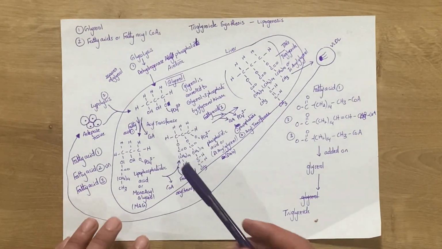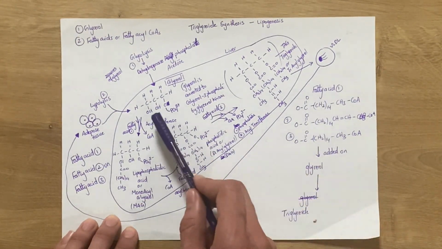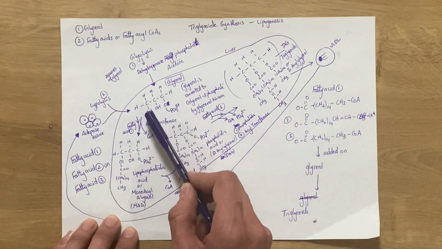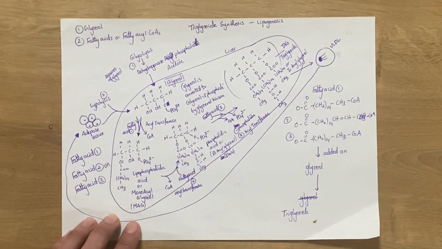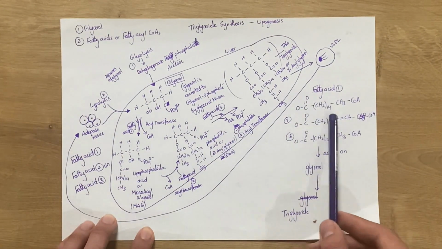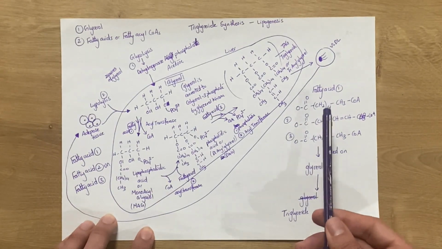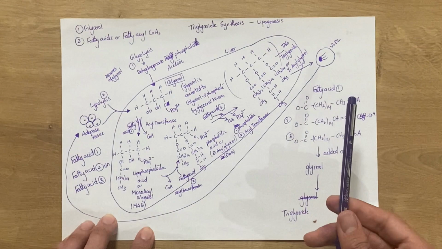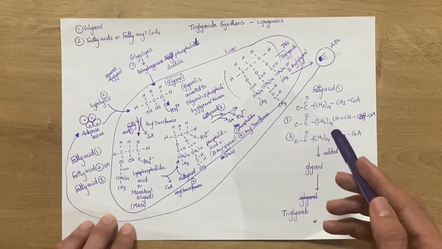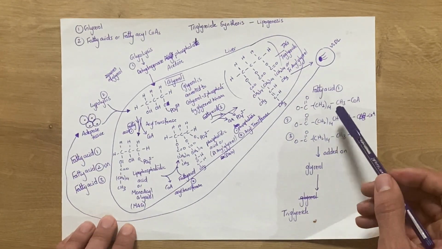The first step is that fatty acid number 1 replaces the OH here on carbon number 1 under the effect of acyl transferase. Remember, it's called acyl transferase because we are transferring active fatty acids, which are called fatty acyl CoAs.